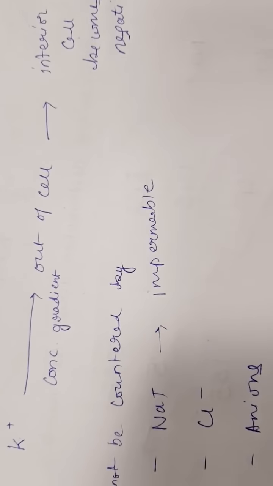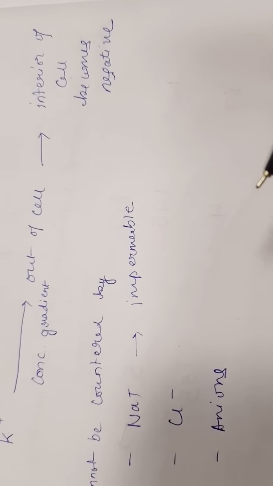Now chloride. What is happening? The chloride cannot move against its concentration gradient, so it cannot flow out to counter the negativity. Chloride is more on the outside. So to maintain electrical neutrality, the chloride, that is a negative ion, would have to move out of the cell.